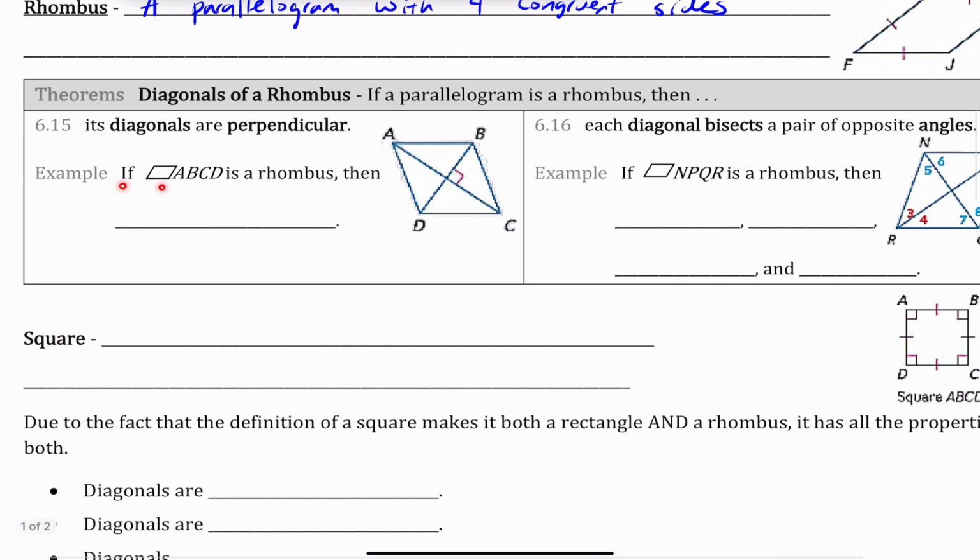So if parallelogram ABCD is a rhombus, then we could say that segment AC is perpendicular to segment BD, okay? And remember, the symbol here means that they intersect at 90 degrees. That's what it means.